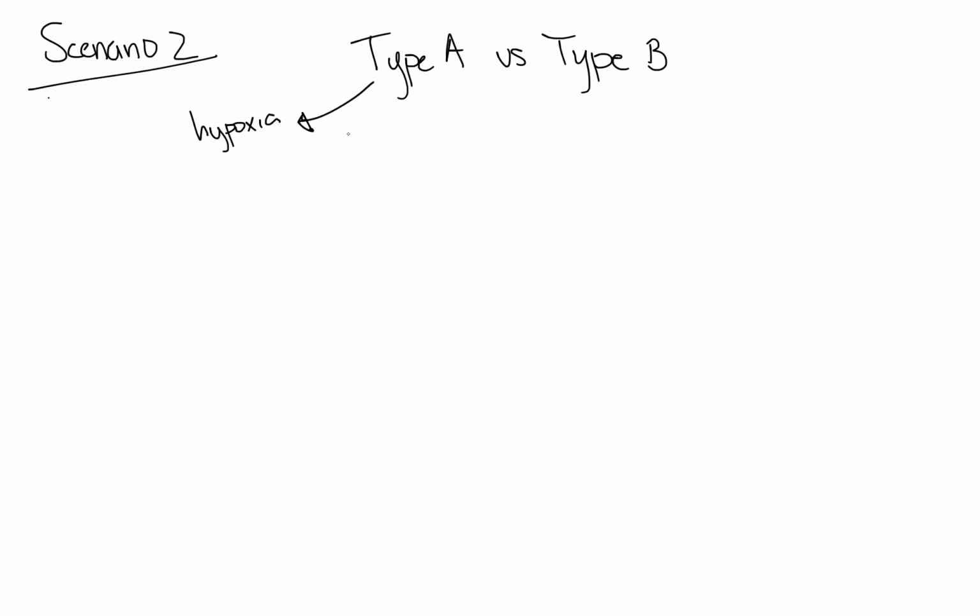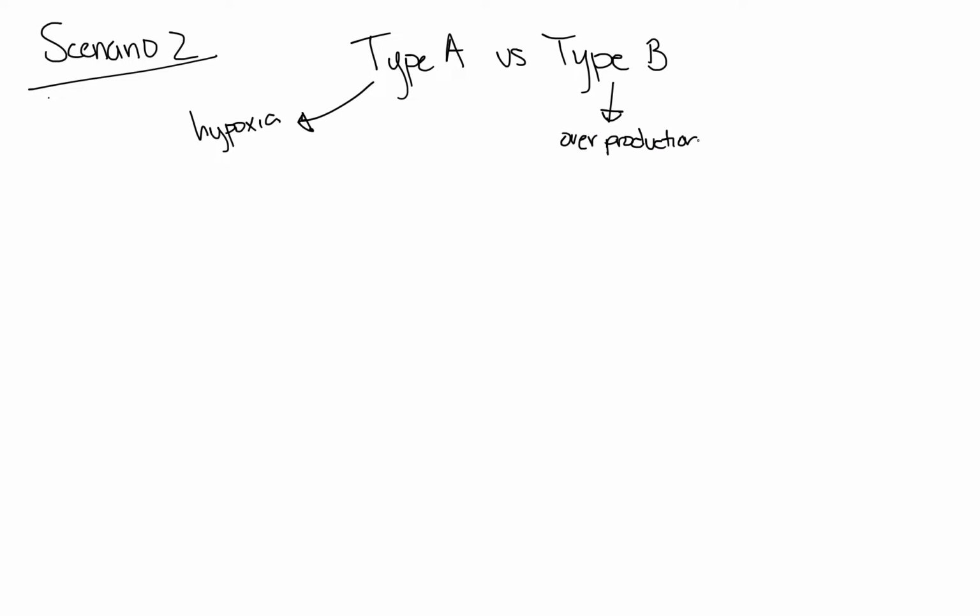You have to use anaerobic metabolism because you are unable to get the oxygen you need in order to develop the ATP those tissues need. It's a lack of oxygen. That's the driving factor.